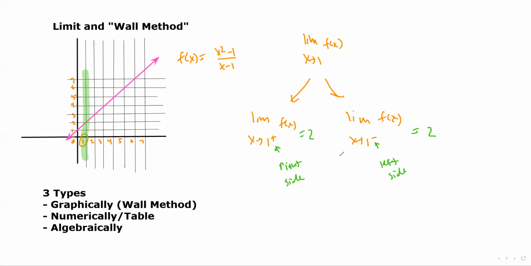Since both of them are going to 2, our limit in this case will be 2. But remember, when we see this general form, we have to break it up in this fashion: one looking at the right side of the graph and the other looking at the left side of the graph.